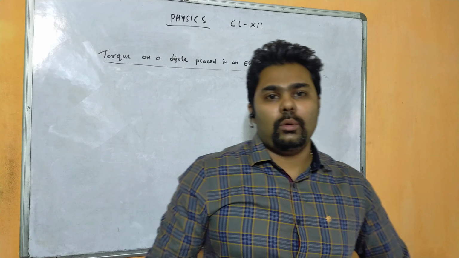But when the dipole is placed perpendicular to the electric field, then sin 90 is 1, so tau equals PE sin 90, that is PE into 1, that is tau equals PE.